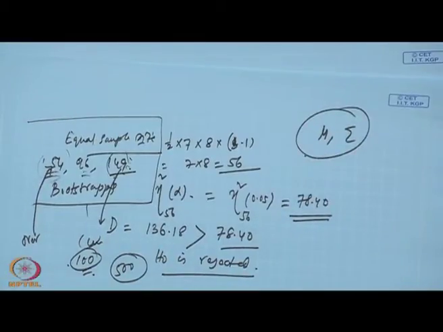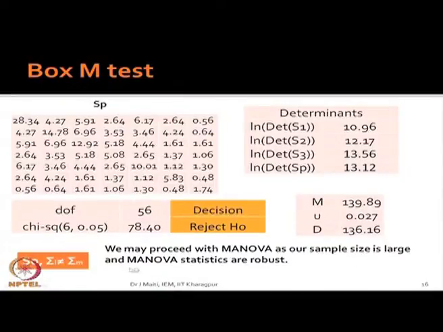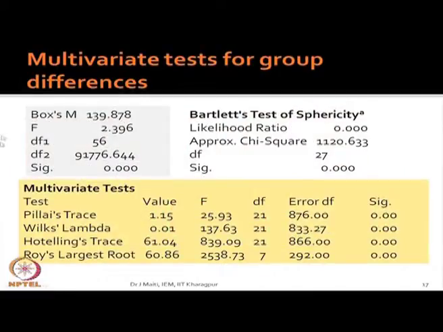But what I have written here is, we may proceed with a MANOVA, as our sample size is large and MANOVA statistics are robust. Now see what happened, we have done MANOVA. Have a look at the slide: the Box's M test is very significant, 0, which says the null hypothesis is rejected.